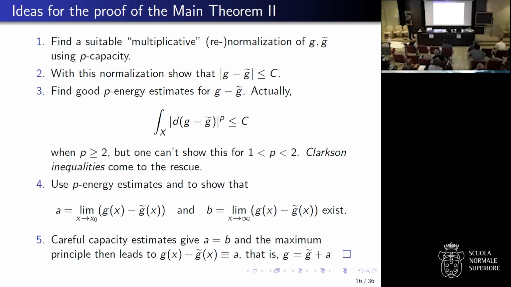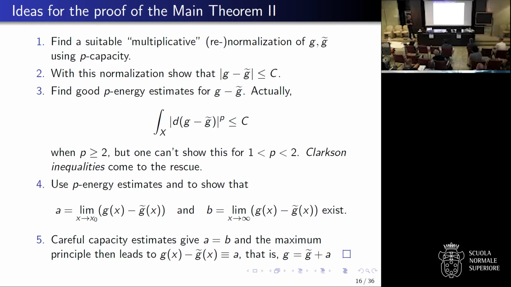Namely, you can show that this difference has a limit as you approach the pole, or a limit as you approach infinity. And once you have this, then you're essentially done, because then you feed it into some careful capacity estimates to first show that the limits have to be the same. And then you apply the maximum principle to argue that the function value difference actually has to be this constant given by the limit.